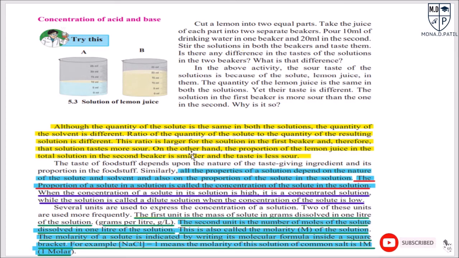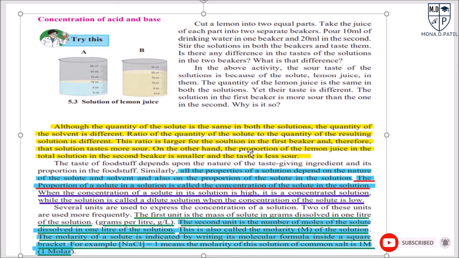On the other hand, the proportion of the lemon juice in the total solution in the second beaker is smaller and the taste is less sour. So the taste of foodstuff depends upon the nature of the taste-giving ingredient and its proportion in the foodstuff. Similarly, all the properties of a solution depend on the nature of solute and solvent, and also on the proportion of solute in the solution.